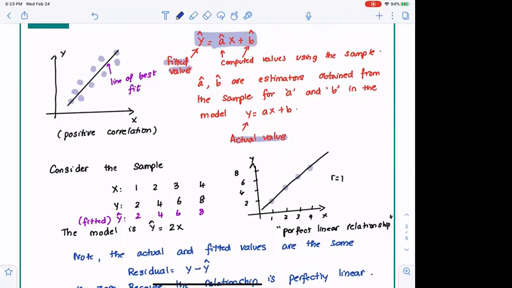So as an example, let me pick a point here.